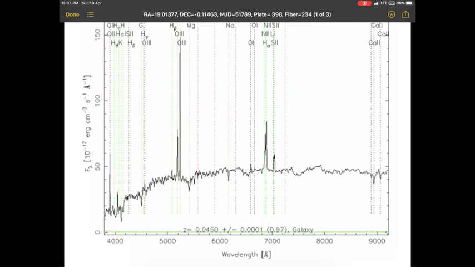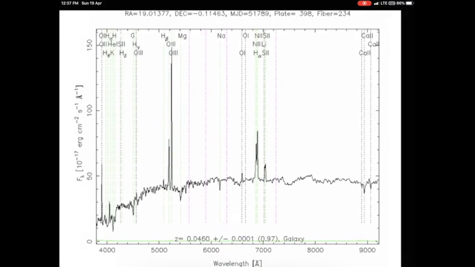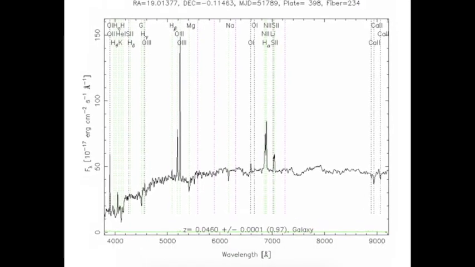So what you see here is the spectra of one of the nearby galaxies. The galaxy position is written over there, and some other numbers, which are not of importance for us. This is measured by the SDSS, Sloan Digital Sky Survey. This is a part of those measurements.